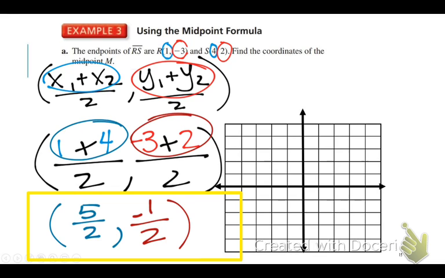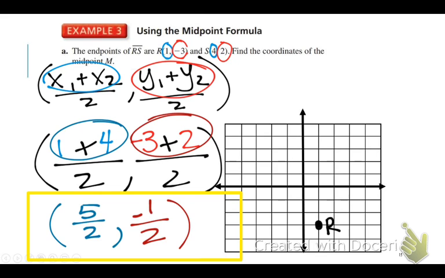We are going to graph the points. My first point to graph is 1, negative 3. At the origin, am I going to go left or right? Right. To the right 1 and then down 3. So here's R. Starting at the origin, to graph S, that's 4, 2.